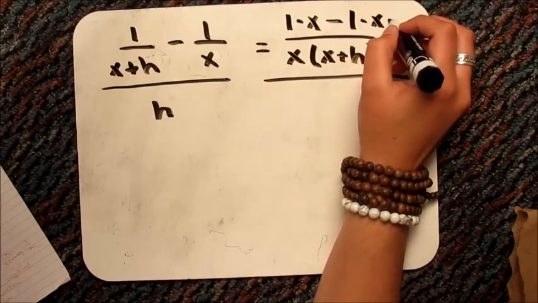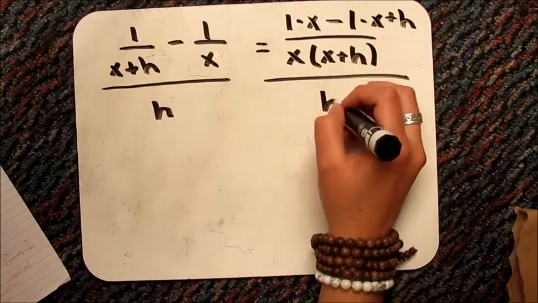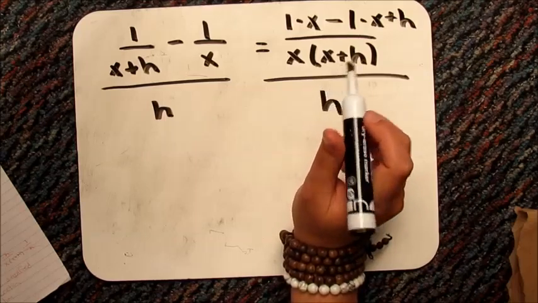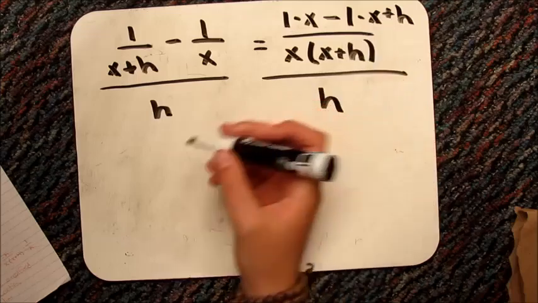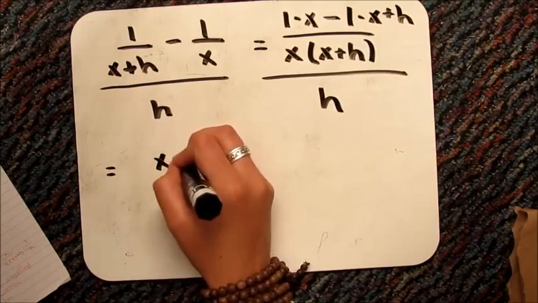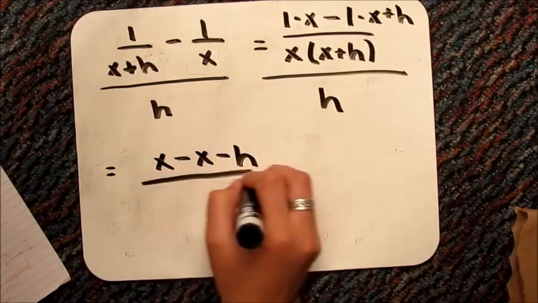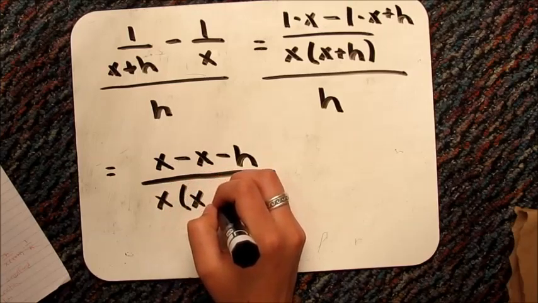So now what we have to make sure we do is distribute our minus sign. What we'll end up with once we've simplified this further is x minus x minus h over x times x plus h.